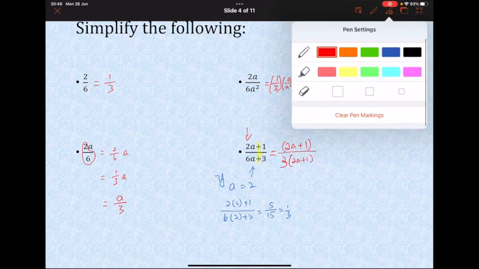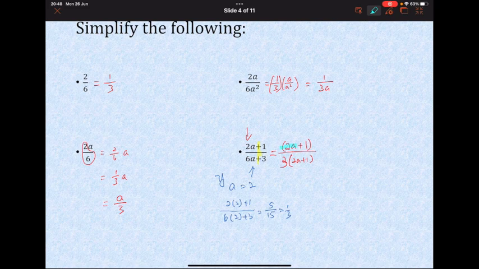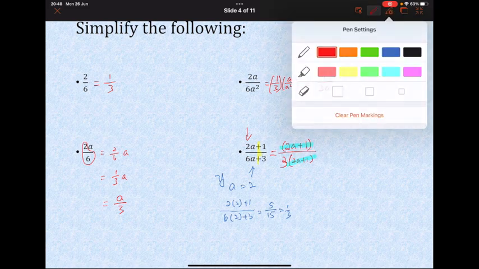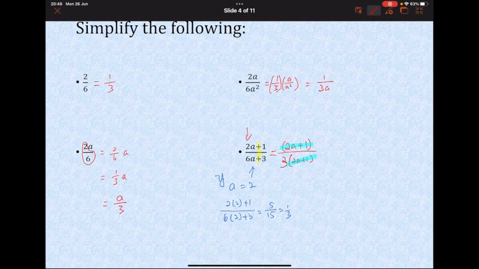Now, the denominator and the numerator have a common term, which is 2a plus 1. Therefore, we could cancel that. 2a plus 1 divided by 2a plus 1 is 1. So therefore, the whole expression becomes 1/3, which is similar to that.